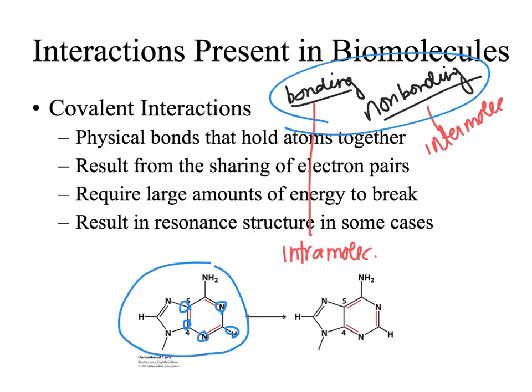And the covalent interactions result from sharing of electron pairs. Because they are held together so tightly, they're sharing these electron pairs, they will require large amounts of energies to break them apart. And oftentimes, in biological systems, we are looking at these large ring structures. We'll see resonance become very important. And that resonance we're going to see not just in ring structures, but anywhere you see a double bond, that resonance is going to help stabilize these structures.